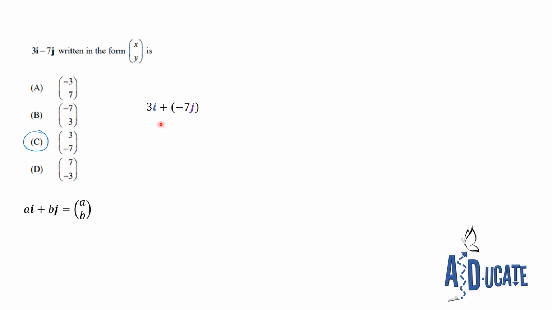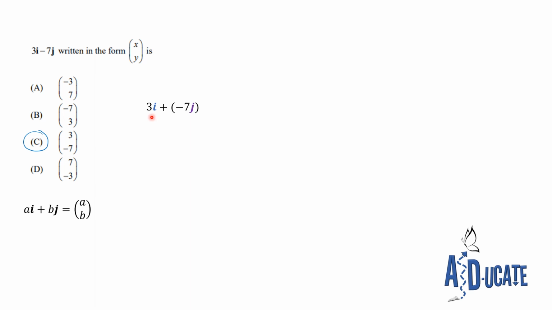And I want us to also think about what a unit vector is. A unit vector has a magnitude of 1 unit. So we have 3 times a particular unit vector that is actually parallel to our x-axis.